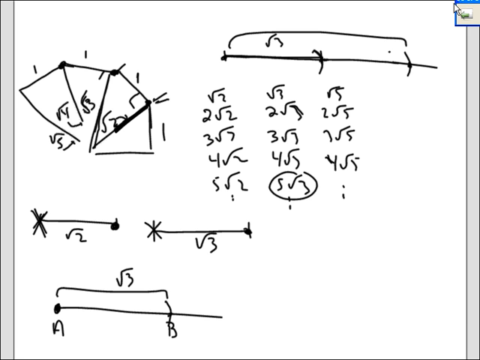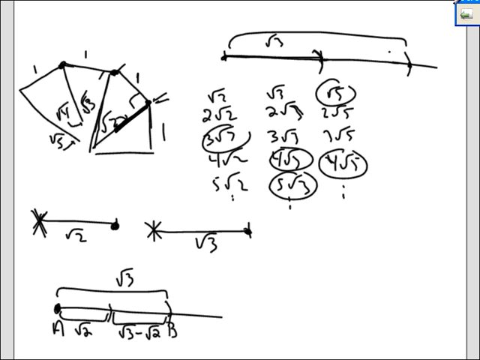I put my compass needle at A, and I mark off this. What I now know is that's square root of 2. So the balance must be square root of 3 minus the square root of 2. I can draw this minus this. I can draw any of those differences.